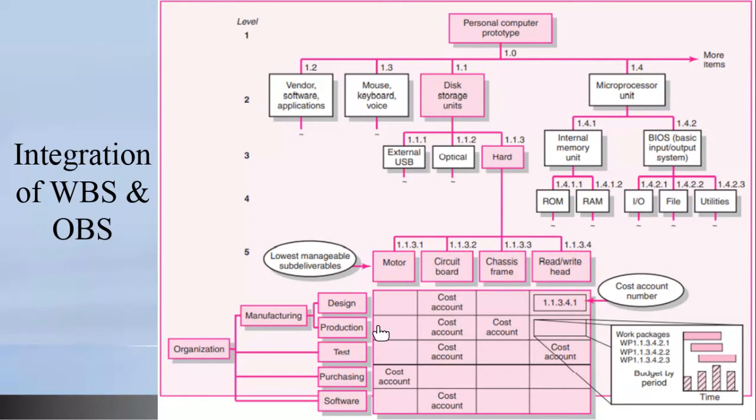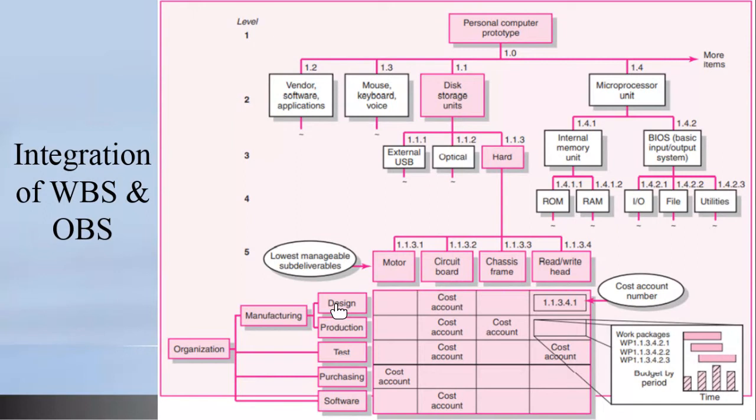There's production, and some element of production is assigned to them. For testing, we have to test the circuit board, and so the testing unit will have to do that. And for the software, there's a software unit, and they will be responsible for providing the software or uploading the software, whatever it is they do, for us to produce the circuit board.